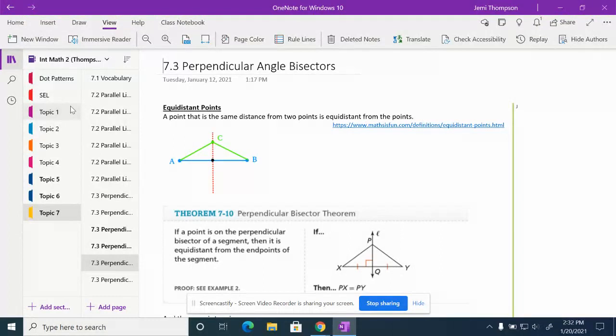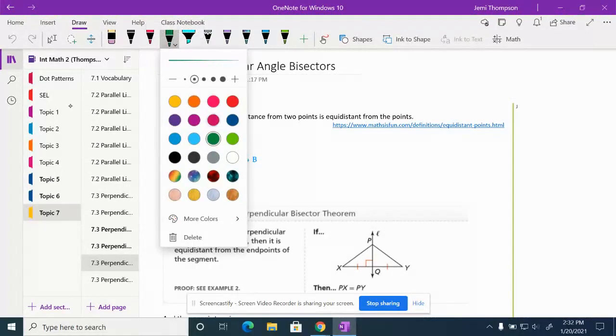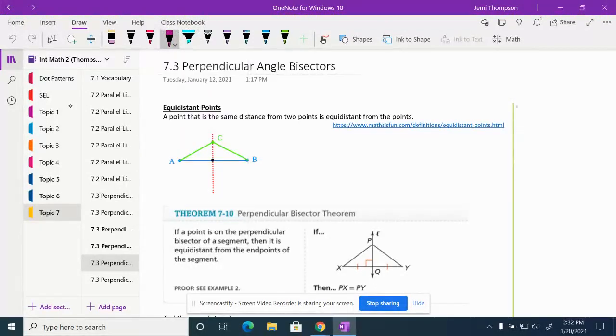So here we go. Just to start off, a first necessary concept to understand is this idea of equidistant points. It's just a point that's the same distance from 2 points. So equal distance in between them. We've got this picture here, and what it's showing is that this length AC is going to be equal to the length BC.